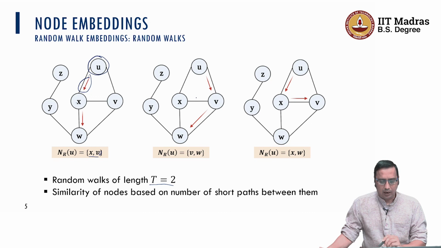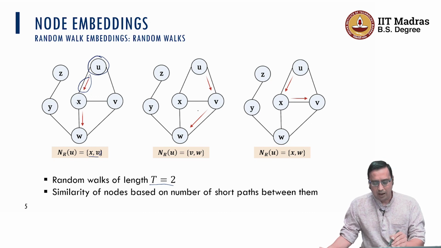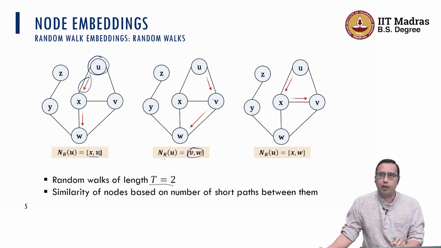Again, I am going to follow the same procedure. This time I have got v and w as my 2 neighbors of u.